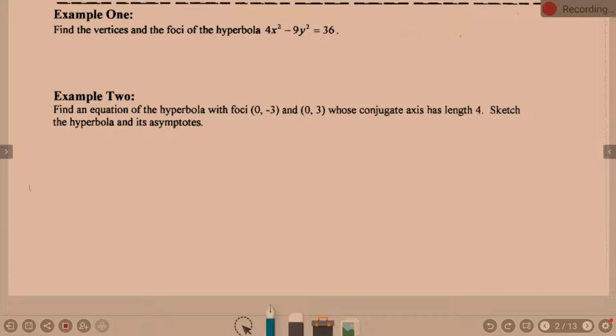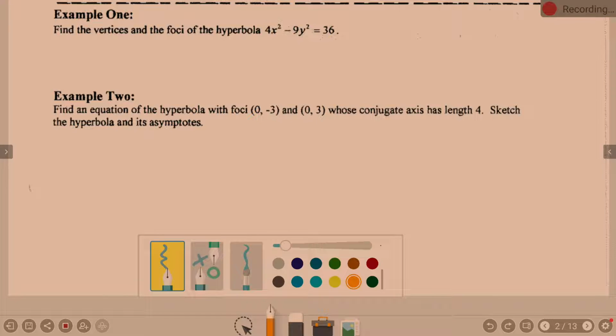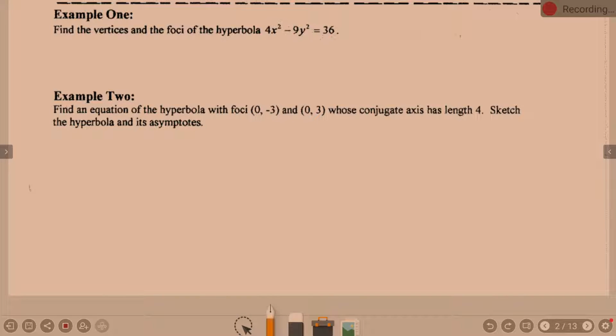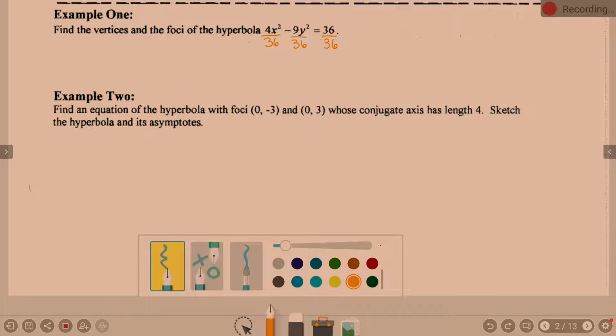Before I can find the vertices and foci, I should probably put this into standard form. And what step are you taking to put this into standard form? Dividing by 36. We want to make the right equal to 1, so we're going to divide all the pieces by 36.